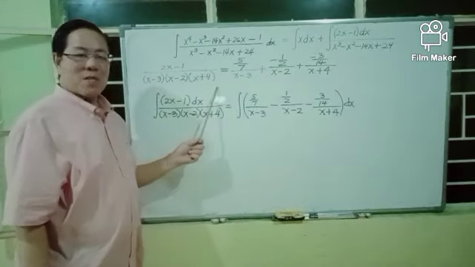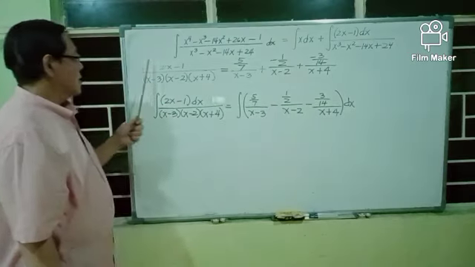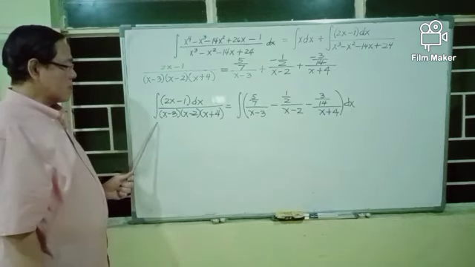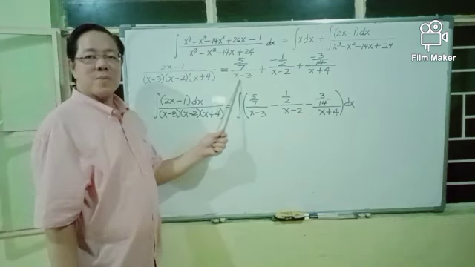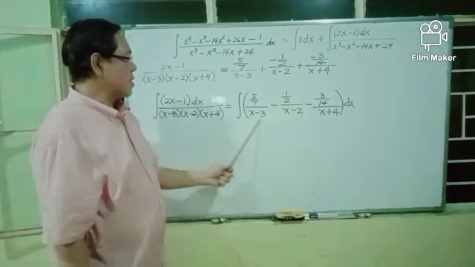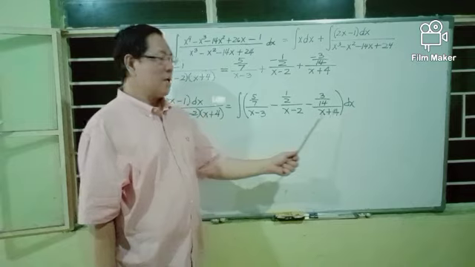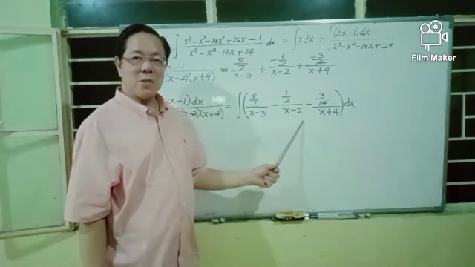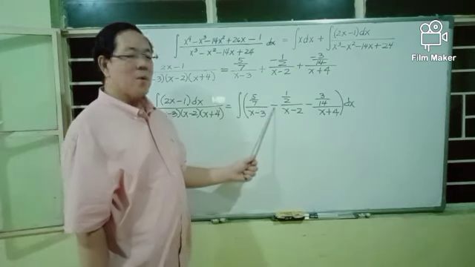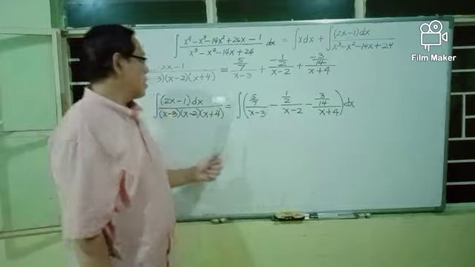We integrate both sides of this equation with respect to x. The left hand side we integrate with respect to x, and the right hand side we integrate with respect to x. And to the right hand side we apply the integration rule: the integral of a sum or difference is equal to the sum or difference of the integrals.